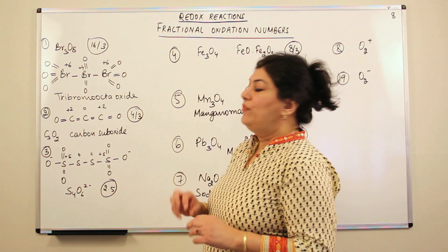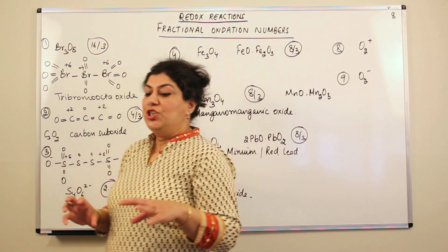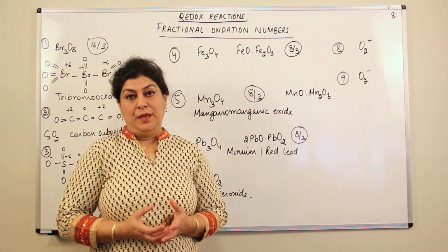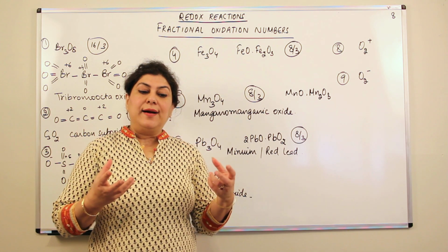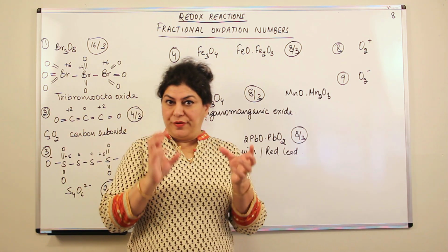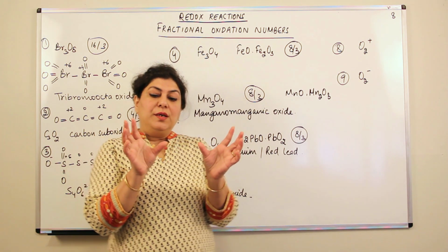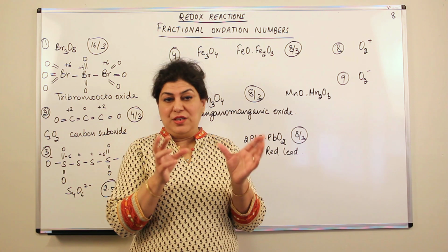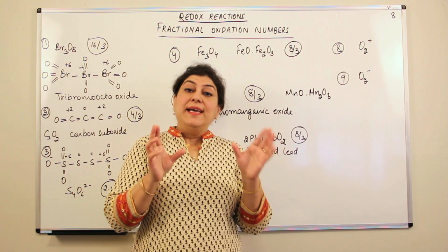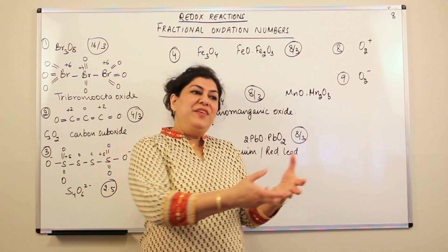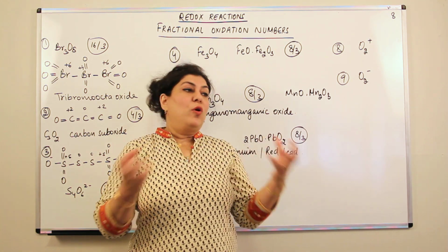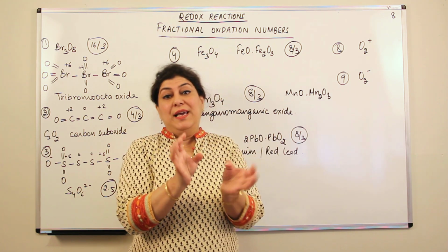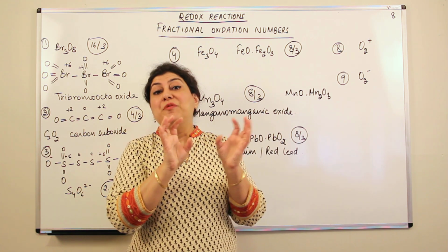Now, we also find certain compounds which in nature are present as mixed oxides. Now, these mixed oxides are actually 2 different molecules in which the oxidation state of one of the atoms is different. The other atom, other than oxygen of course, is different. But yet, in every natural sample that you get, or every time you prepare this compound, you may find that it is formed in the same way, in the same ratio.